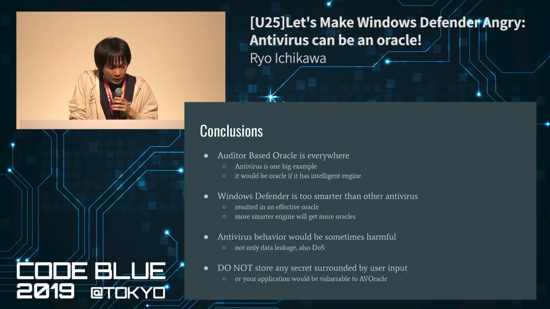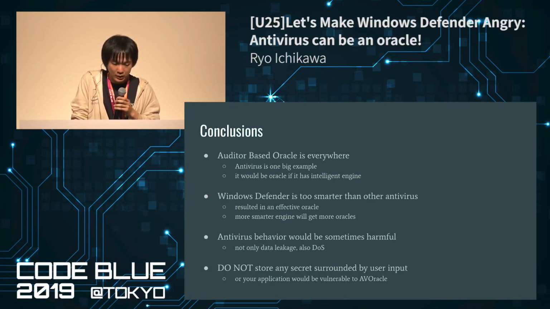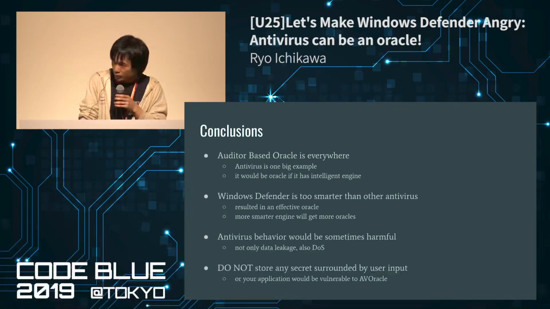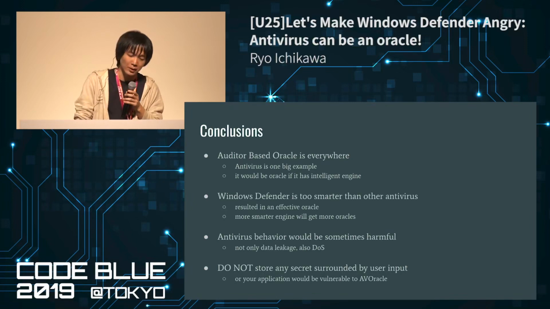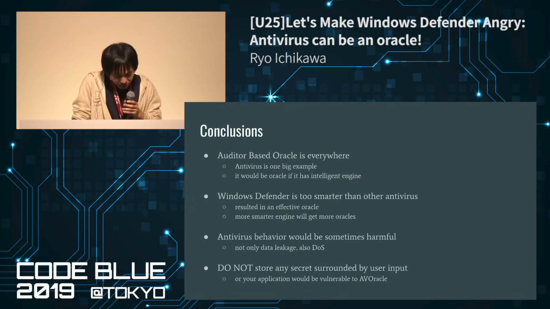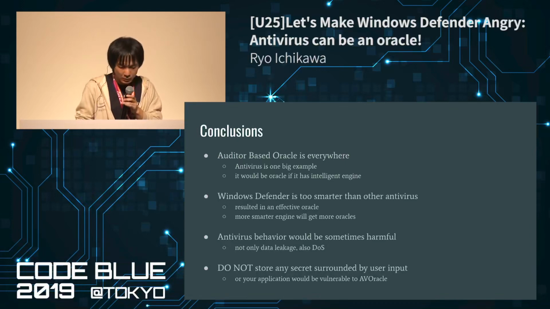Windows Defender is much smarter than other antiviruses, resulting in an effective oracle, and the smarter the engine, the more oracles it will get. So far I couldn't find a smarter engine than Windows Defender. Antivirus behavior can sometimes be harmful, not only data leakage, but also denial of service and partial deletion, like wiping out evidence.